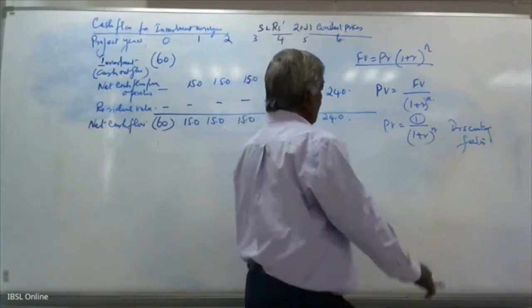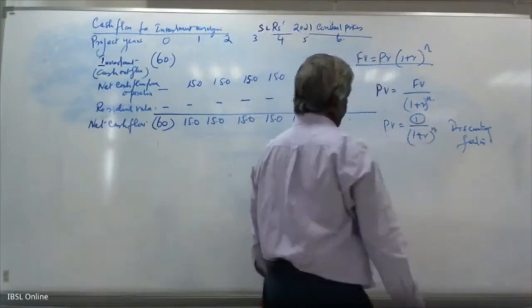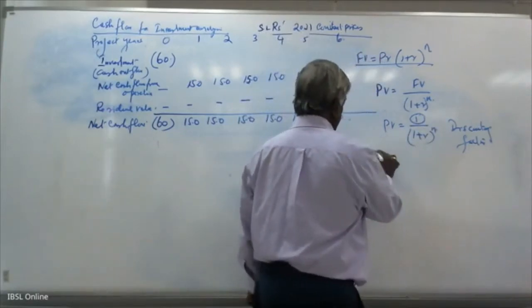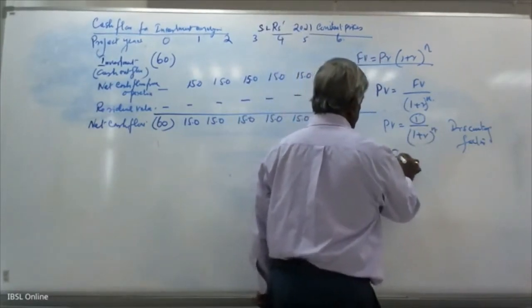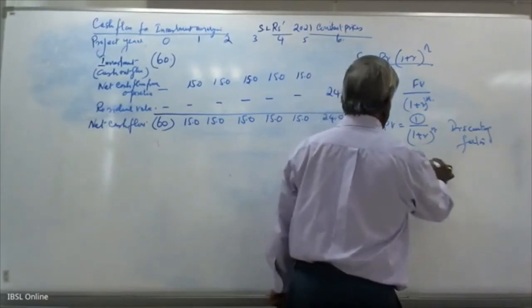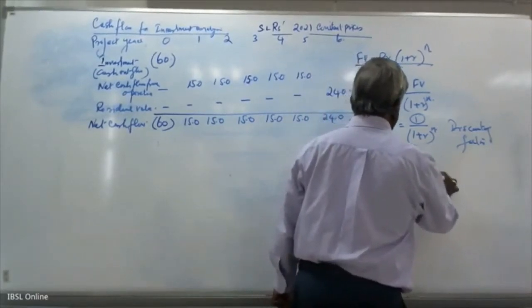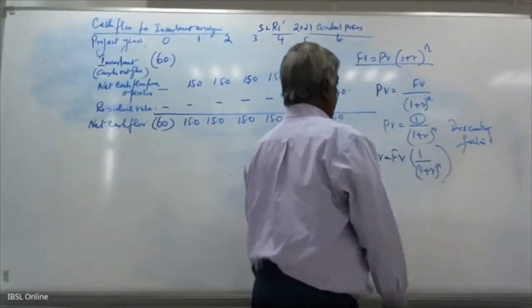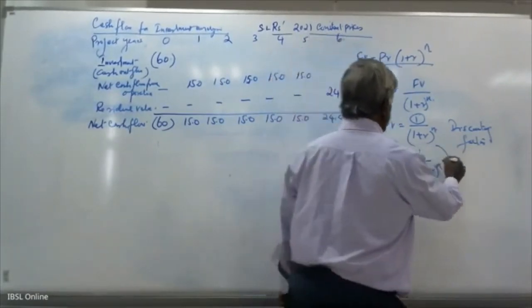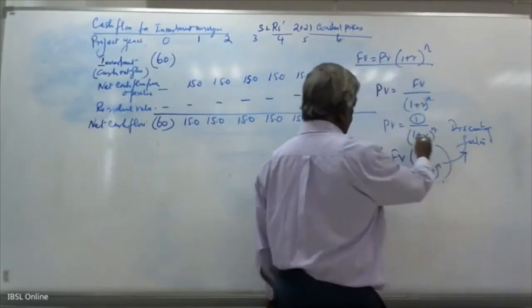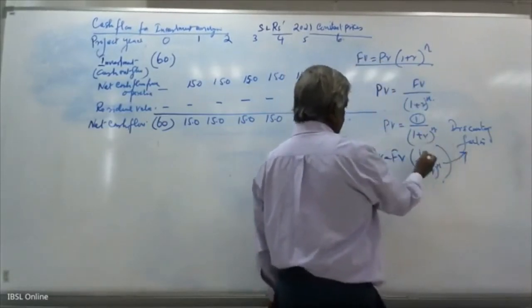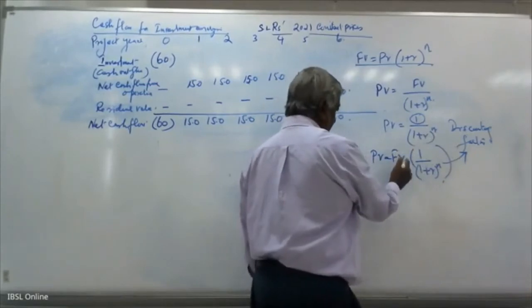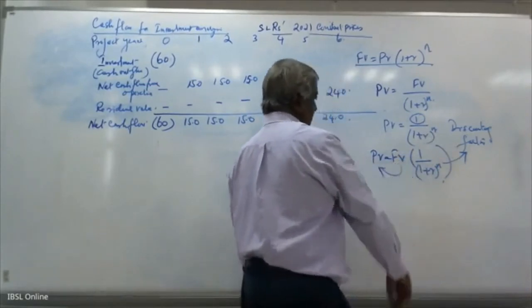If you calculate the discounting factor, then PV is equal to FV into 1 divided by (1 plus R) to the power n. If you calculate the discounting factor and multiply the future value by it, that will give you the present value.